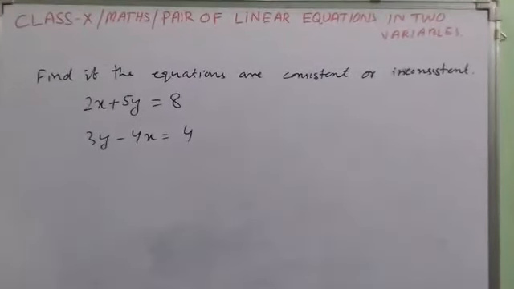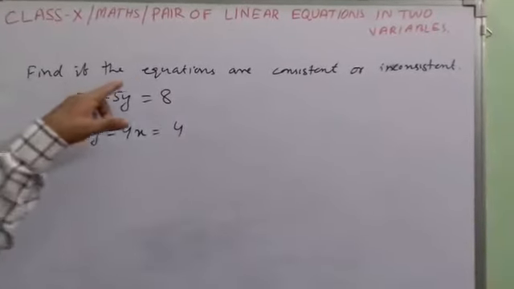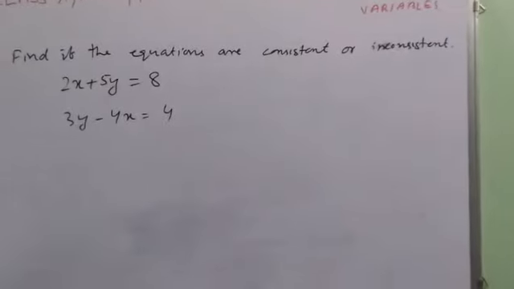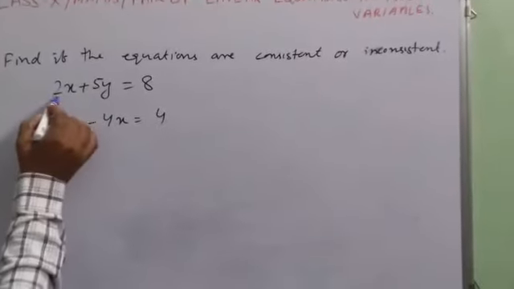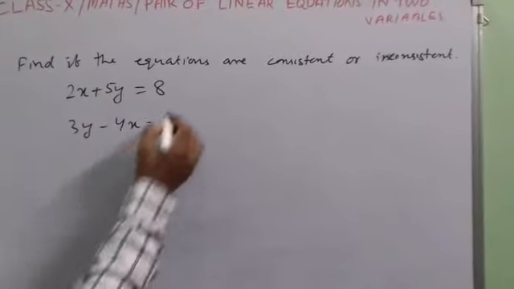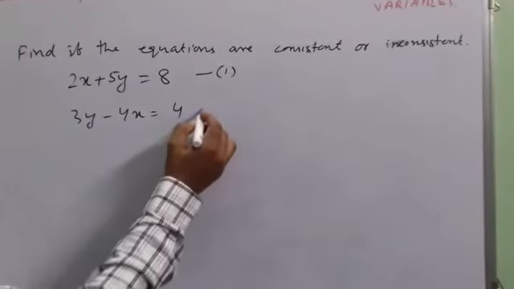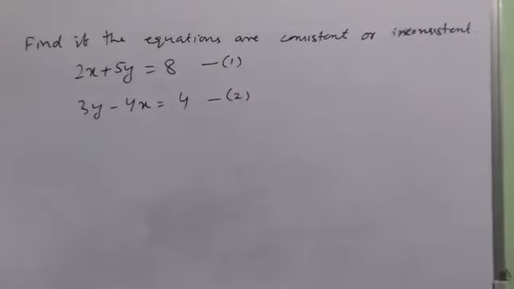Now let us take one example. Find if the equations are consistent or inconsistent. Equations are given: 2x plus 5y equal to 8, this is our equation 1, and 3y minus 4x equal to 4, this is our equation 2.